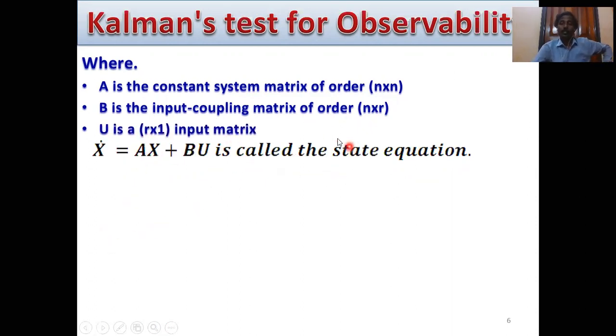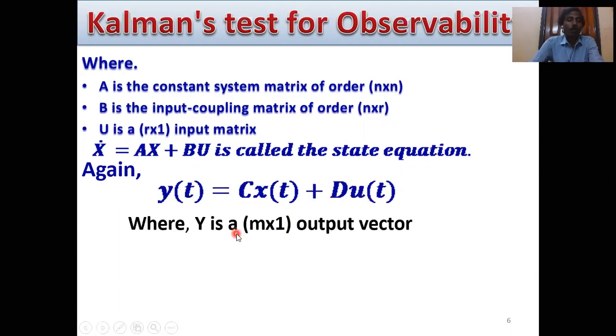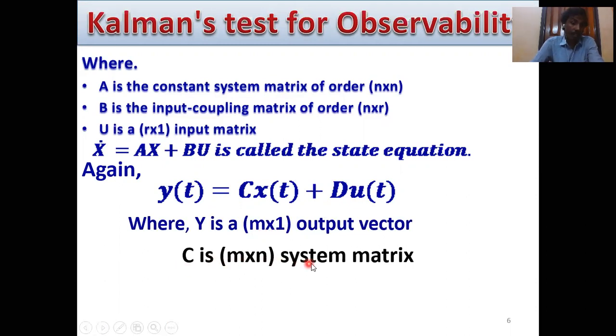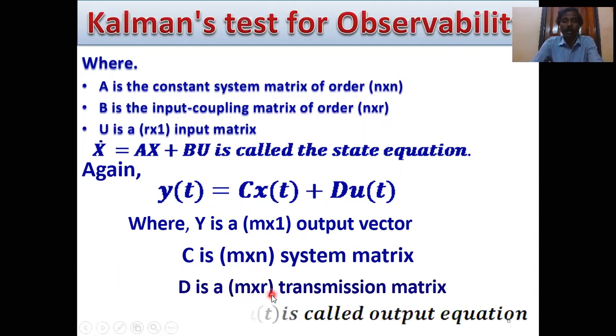x dot equals A x plus B u is called the state equation. Again, y of t equals C x of t plus D u of t is the output equation, where y is an m cross 1 dimension output vector, C is an m cross n dimension system matrix, and D is an m cross r transmission matrix.